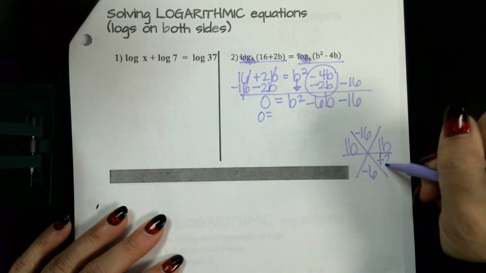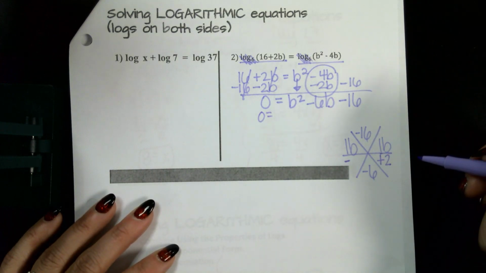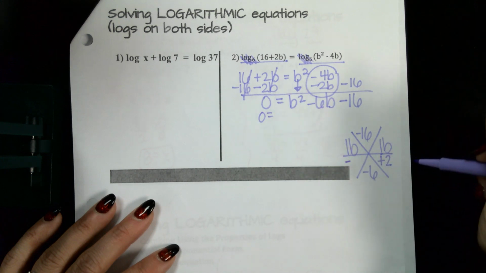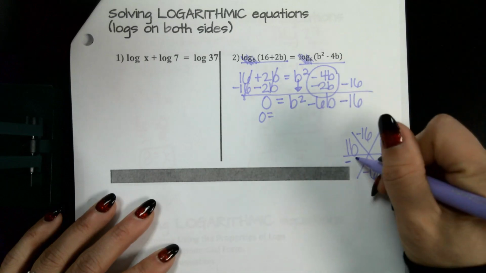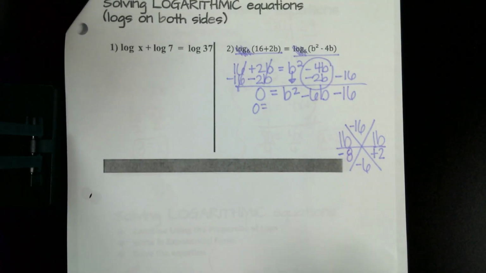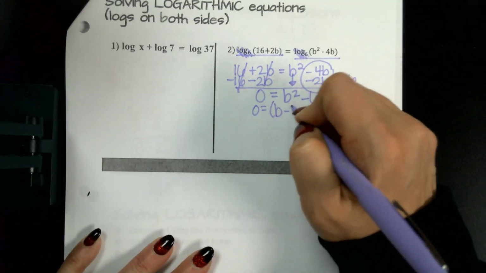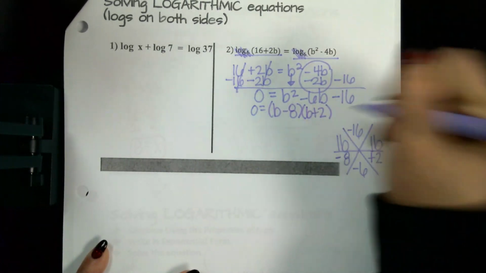Positive 2 and negative what? 2 times what is 16? 8. Negative 8. So negative 8 plus 2 would be negative 6, and negative 8 times 2 is negative 16. So we've got one set of parentheses that says b minus 8, and the other one says b plus 2.